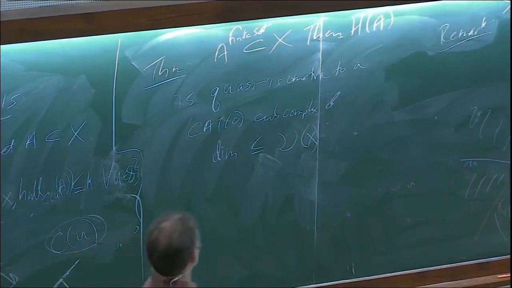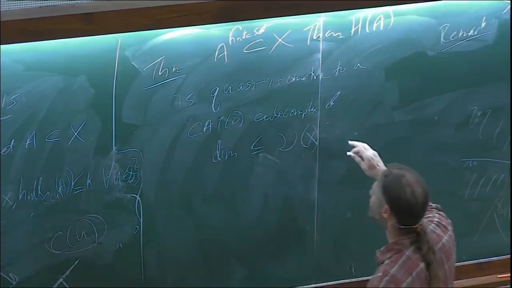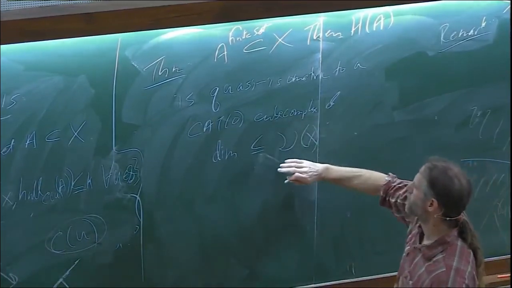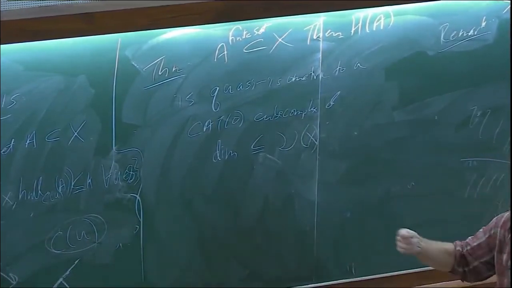So we get an approximation by a cat0 cube complex, where that cube complex may have much lower dimension than the ambient space.